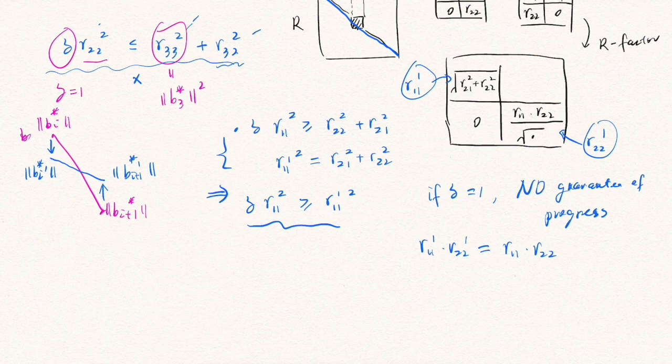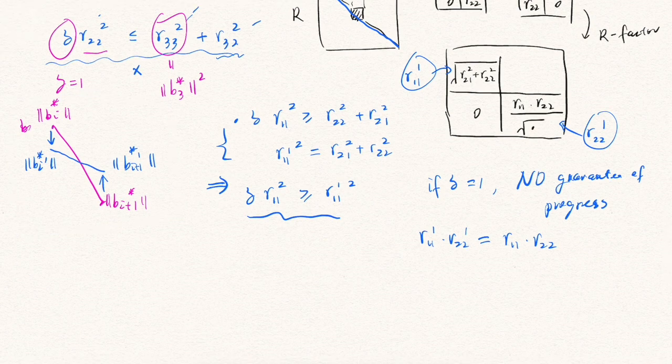So I think this picture is somewhat important, and we will see it over and over later on. So here we already understand why the slack factor matters, because if the slack factor is 1, then there's no guarantee. It's possible that after the swap, the R11 prime stays the same. But what I want is to reduce it.